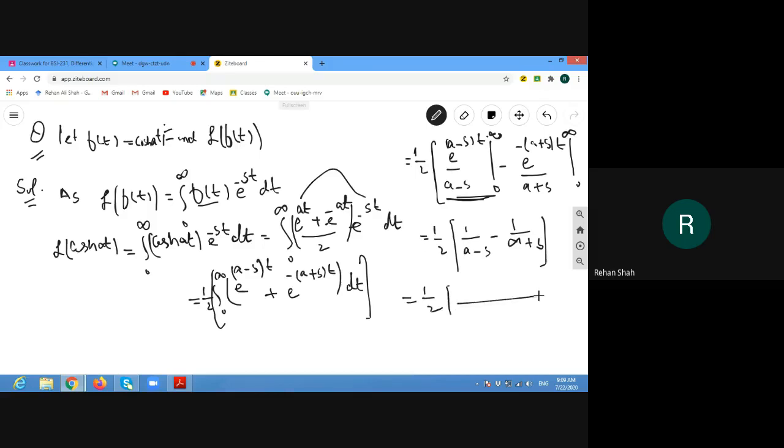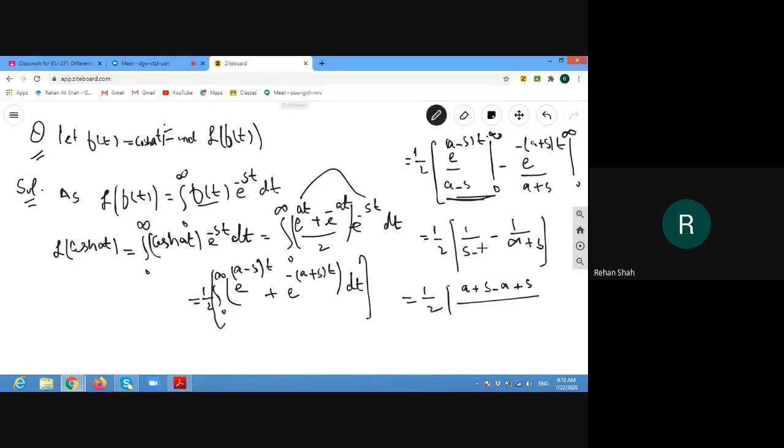This will become a plus s minus a plus s divided by, sorry, this will become s minus a. Yes, this will become s minus a due to the lower limit.